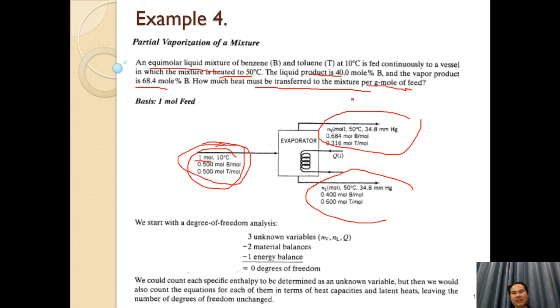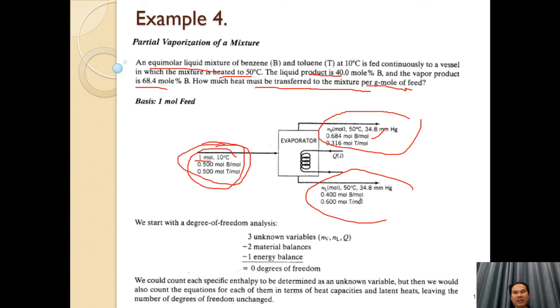You know the composition in the vapor phase, right? It's 68.4% benzene. And then you can balance that: 0.684 mole benzene, and 1 minus 0.684 equals 0.316 mole of toluene.